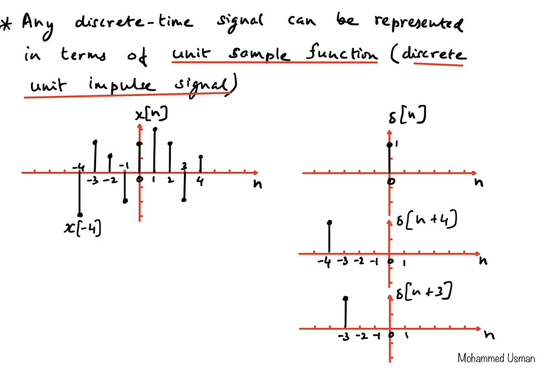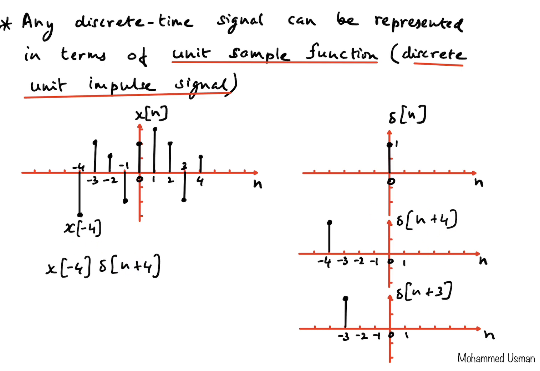Now if we take x of -4 and multiply it with delta of n plus 4, what do we get? This product is going to be non-zero and equal to x of -4 only when n is equal to -4. For all other values of n, delta of n plus 4 is 0.